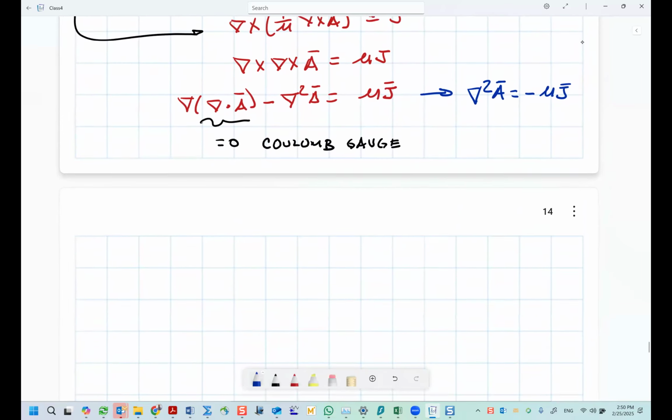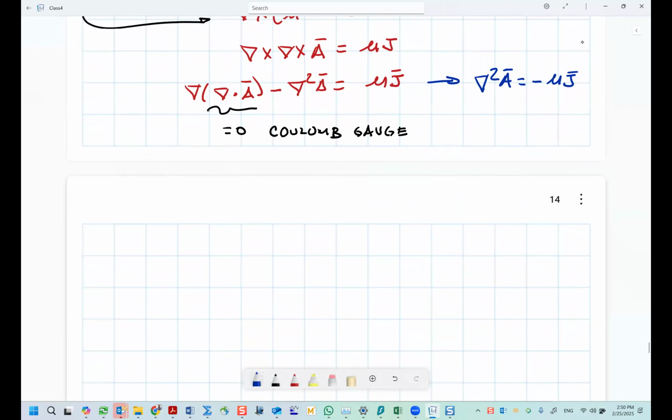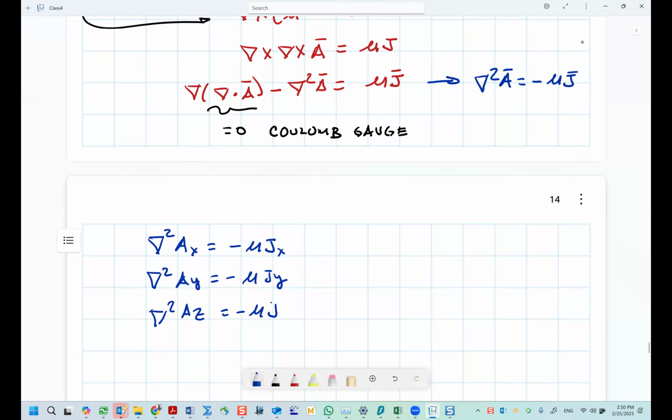If I were to expand this equation, it will give me the Laplacian of Ax equals negative mu Jx, the Laplacian of Ay equals minus mu Jy, and the Laplacian of Az equals minus mu Jz.